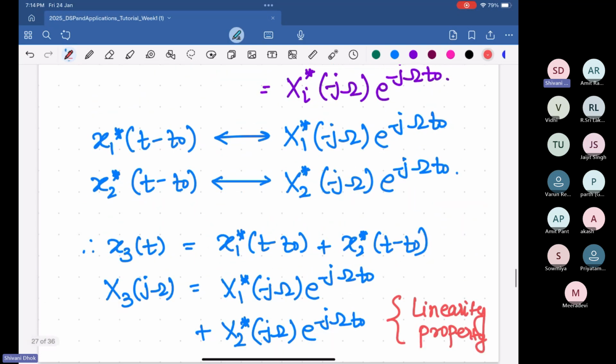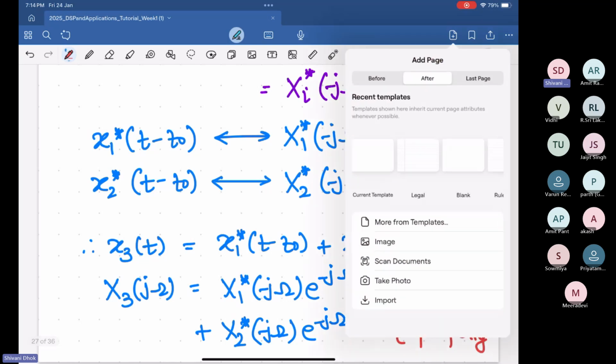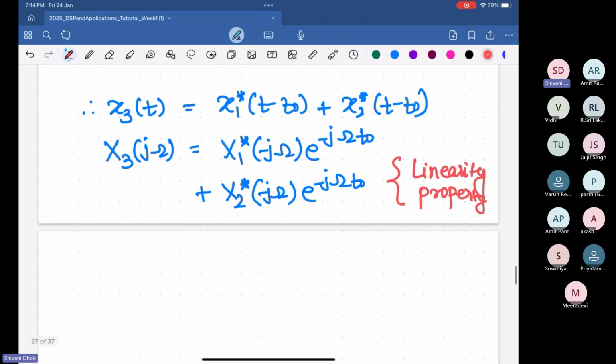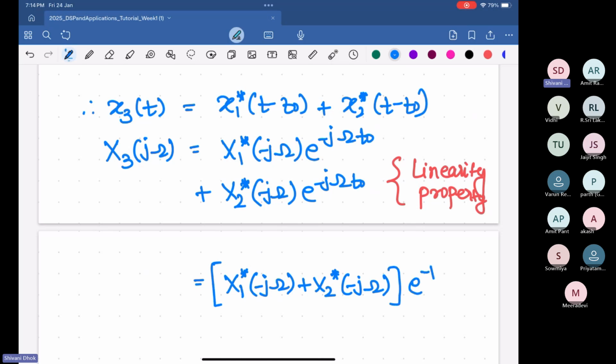So let us clean it up a little bit. So this is equal to x1 conjugate of minus j omega plus x2 conjugate of minus j omega into e power minus j omega t naught. Now this is the value of x3 of j omega.